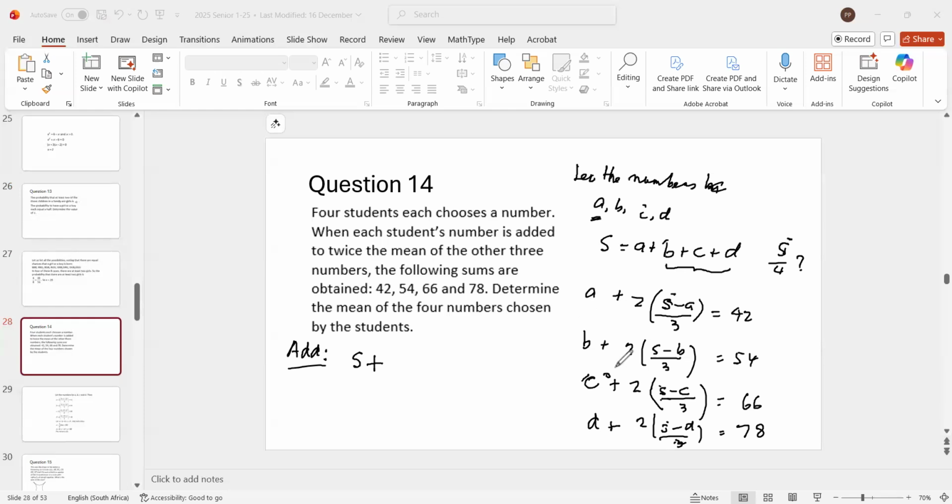And so it's those first four gives you S. Now here you got 2/3 right throughout. I'm going to add all of them. 2/3. And then if you take the 2/3 out, you have S minus A plus S minus B plus S minus C plus S minus D, which makes it 4S.